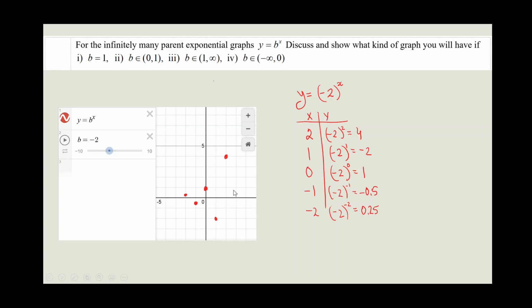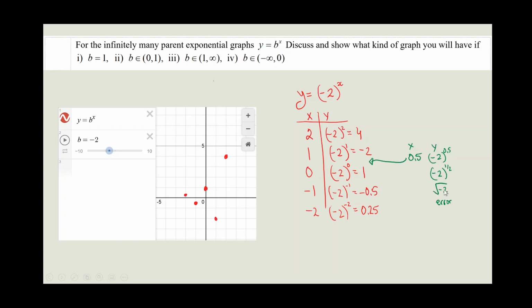That's not the only weird part. The other weird part is that there are numbers in between each of these integers for x's. So imagine we took a number, let's say, 0.5 or a half. If we put 0.5 as the exponent, then negative 2 to the power of 0.5 is equivalent to having a fraction 1/2 as an exponent, which we have learned is a square root.